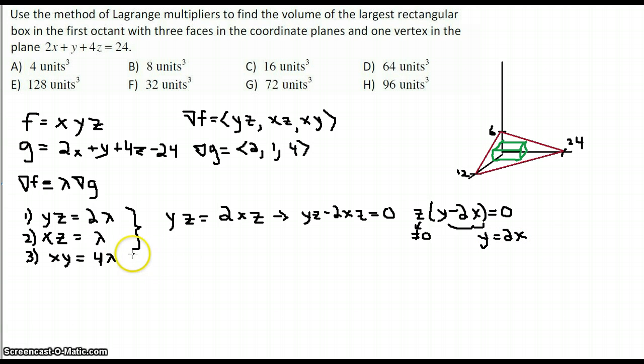And we can do the same thing here to get z as a function of y. We have xy is 4 times xz.